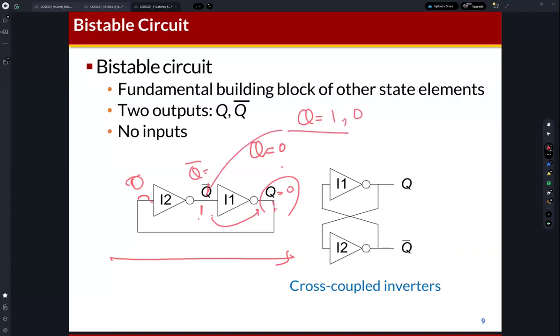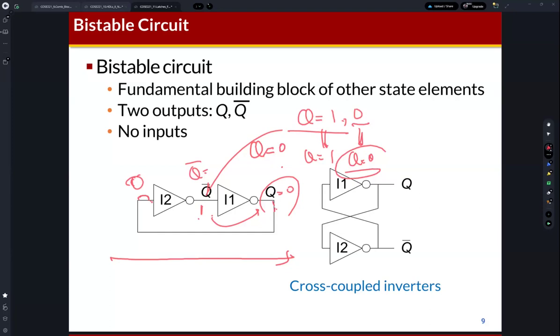In this bistable circuit, the values are actually stored. It's maintained continuously. After a very long time, Q is still 1. And if the initial value is 0, then after a long time, Q is still 0.